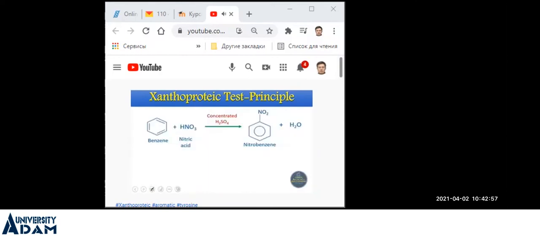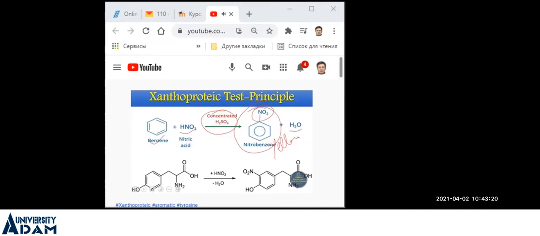So this is a nitration reaction. A normal benzene ring reacts with nitric acid in an acidic environment, an NO2 group is added onto the benzene, and this is nitrobenzene, yellow in color, plus H2O. The same properties are used in the xanthoproteic test also.